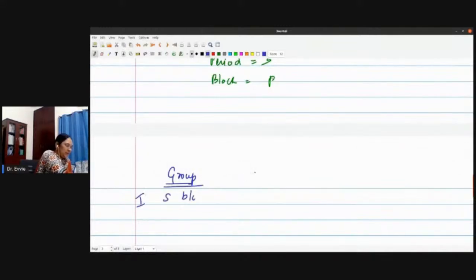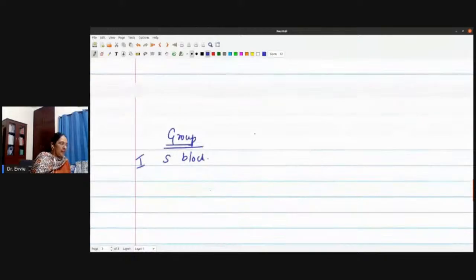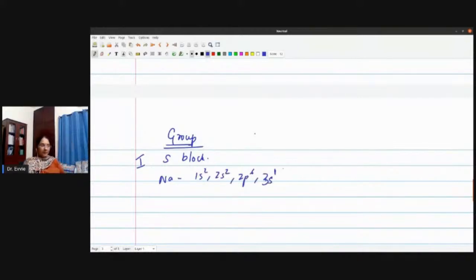We have seen sodium: 1s2, 2s2, 2p6, 3s1, 10, 11. When the last electron enters here, what is the period? We have already seen the period is 3. The block is S block.